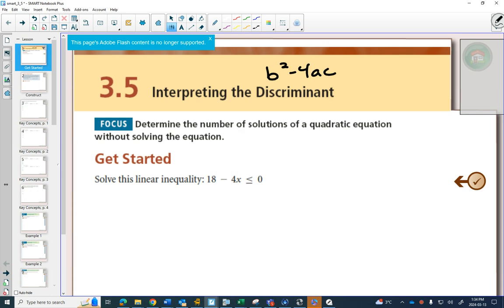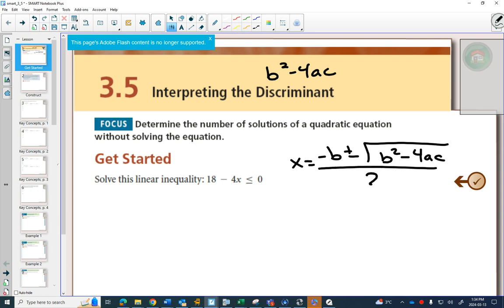Because in our quadratic formula, which I'll write here, we call this part inside of our square root the discriminant. And that's the part that's going to tell us whether we have two solutions, one solution, or no solutions.